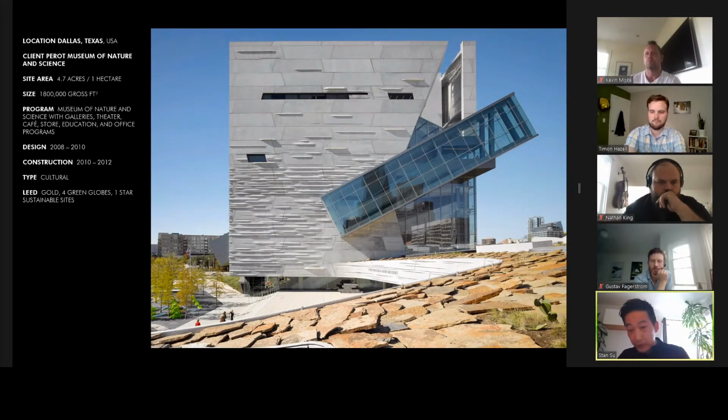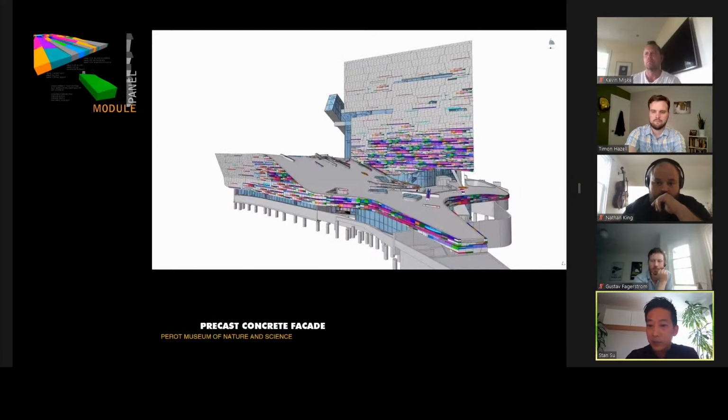Perot Museum of Nature and Science in Dallas, obviously a precast facade. And really what we're talking about here is a traditional material, traditional forming methodology. Precast hasn't been exciting since, I guess, the 60s and 70s, when they were really pushing it, and it's been really conventional to this date.